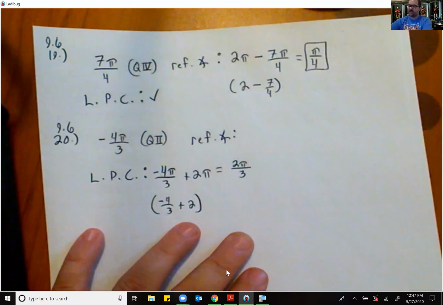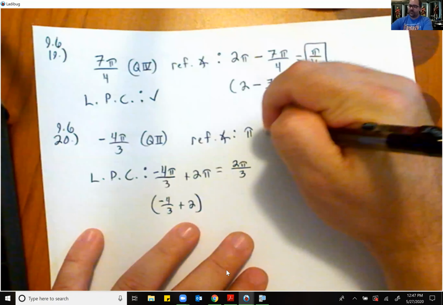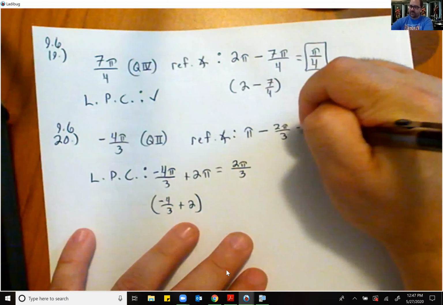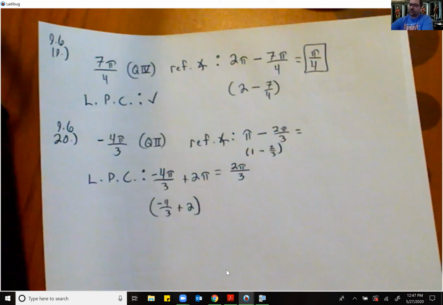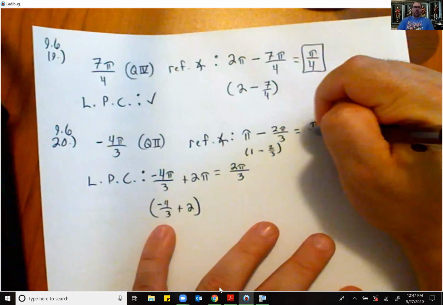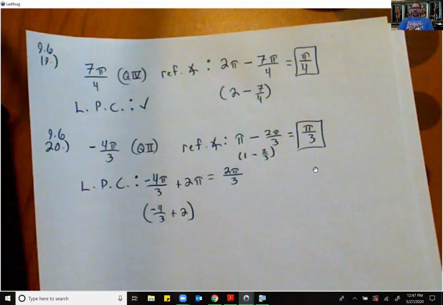So we're going to take pi minus 2 pi over 3. And again, it's just fraction work. You're taking 1 minus 2/3. That's what's going on. And if you take 1 minus 2/3, you get pi over 3. There's the reference angle. All trig functions for this guy, the answers are going to be according to pi over 3. Okay?